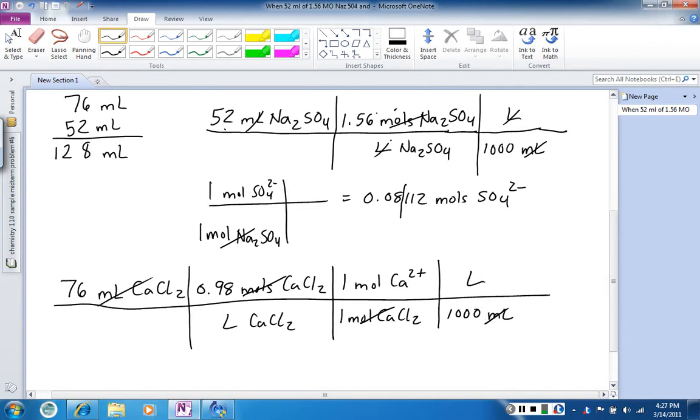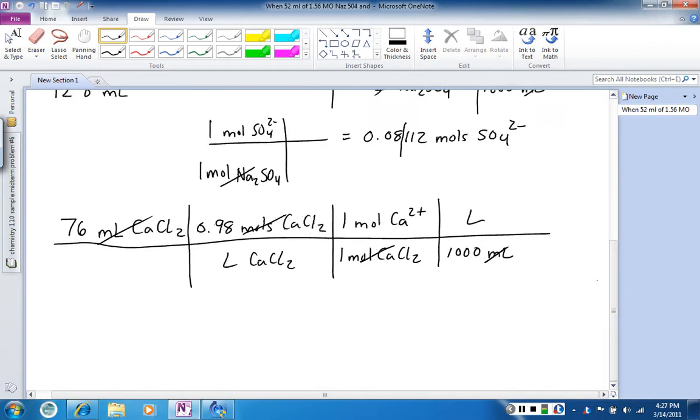So now we're in moles of calcium 2 plus. And that guy equals 0.07448 moles.